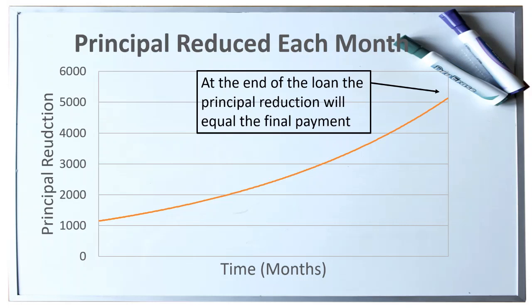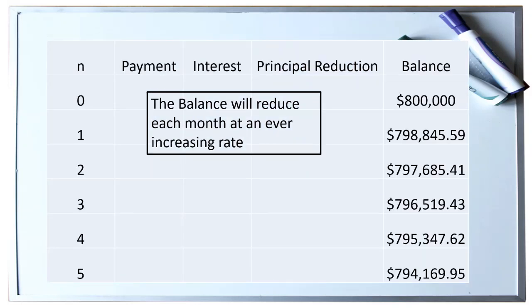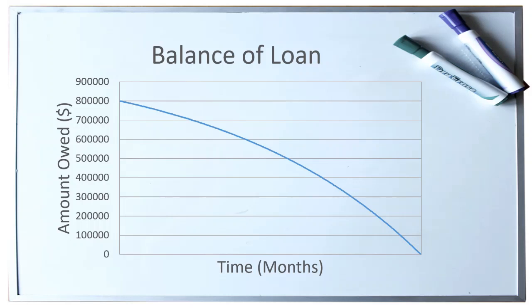The balance reduces as we pay off the loan and does so at an ever-increasing rate. We can see this graphically, where the balance at the beginning of the loan didn't really change that much, but as we get towards the end of the loan, not only does it decrease, but it does it at a faster rate.